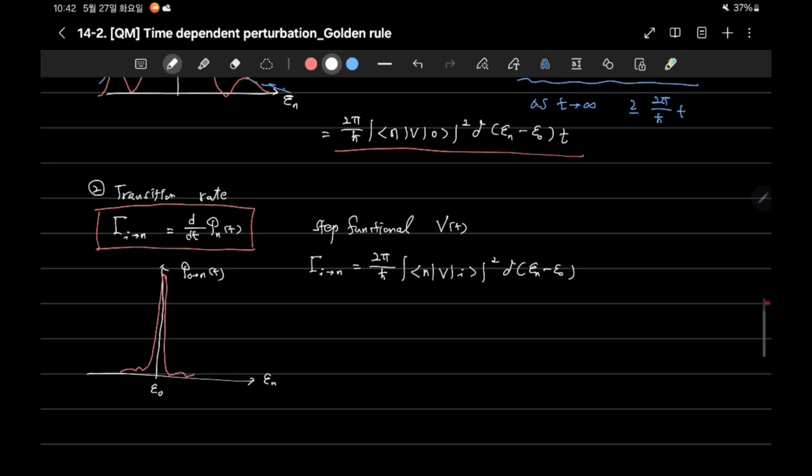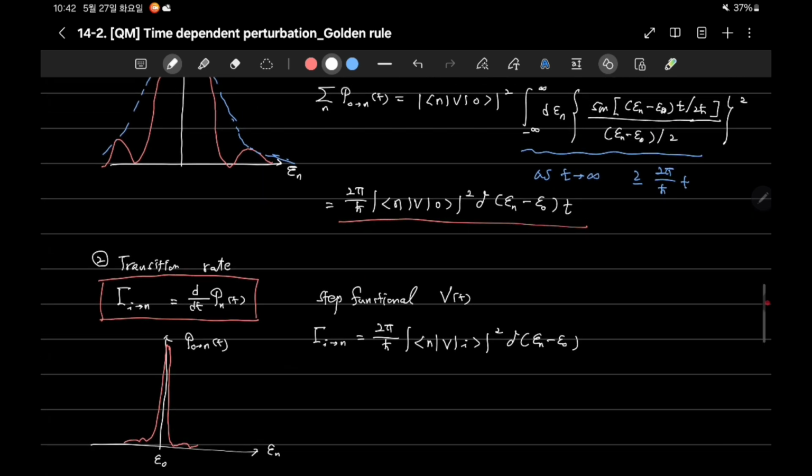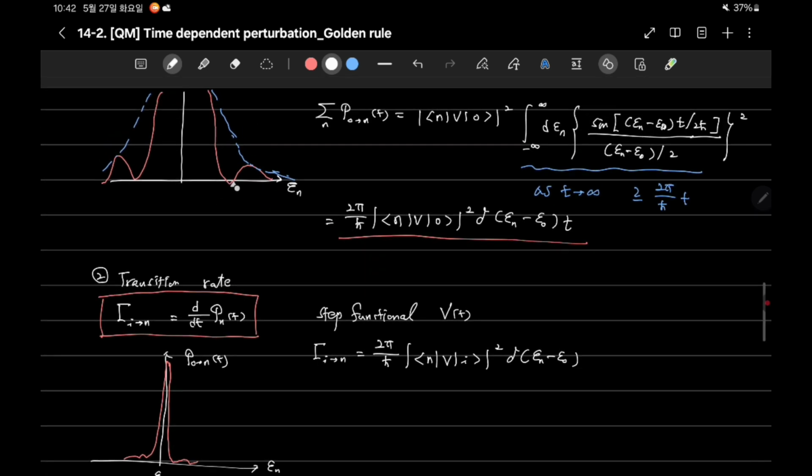It means there is no excitation. At first it is the ground state, and then first excited state and second excited state.